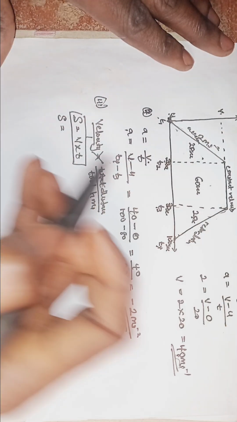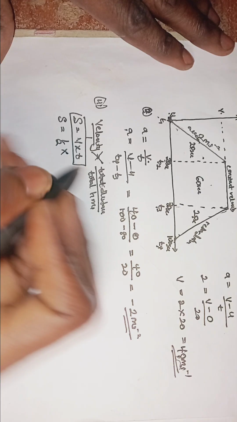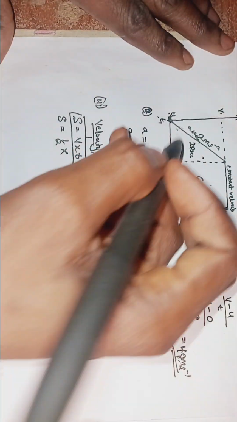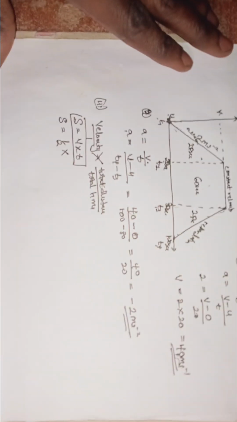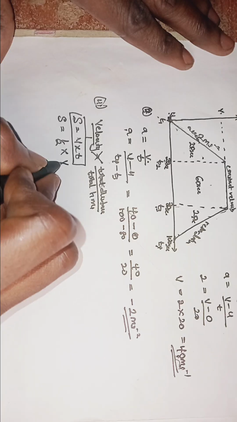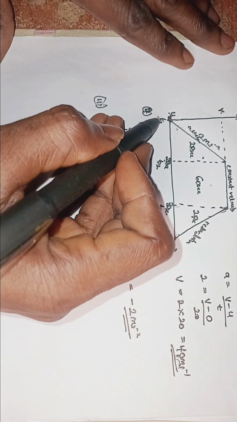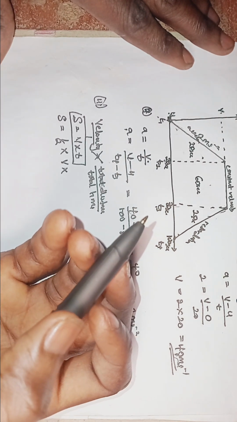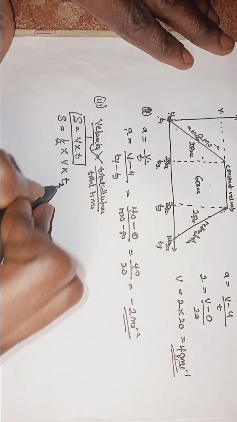The box is half, so we are going to first copy the half, multiply by the velocity, the final velocity v. We are going to add the velocity together normally, but this point starts from 0, so there is no need for us to copy it. So v multiply by t2 minus t1. Since t1 is 0, there is no need for us to copy t1. So we are going to just copy t2.